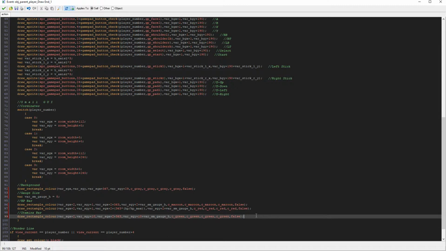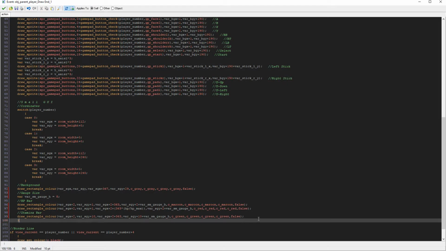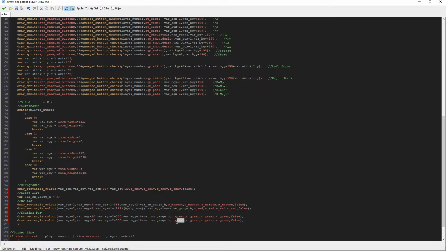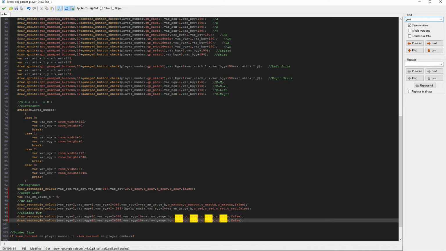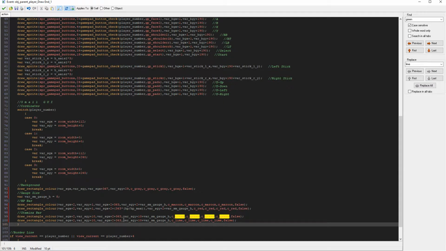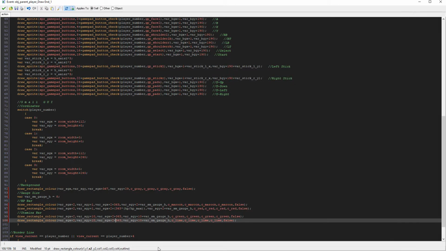False. Okay. One, two, three, four. Times stamina divided by stamina max.